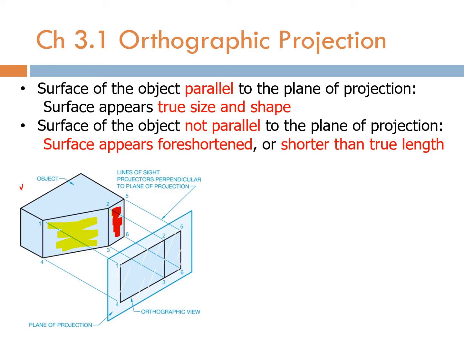The actual size that you see in this drawing is not going to be the actual length of this side, right? It's actually shortened. Whenever you have a plane which is not parallel to your plane of projection, the length will be shortened, meaning you look at this length over here and this length here, and they're different lengths. This one is shorter and this one will be longer.